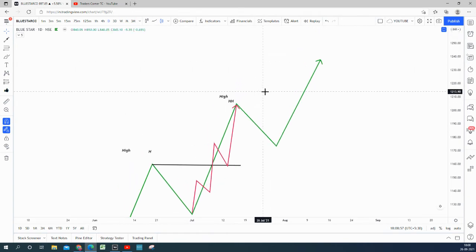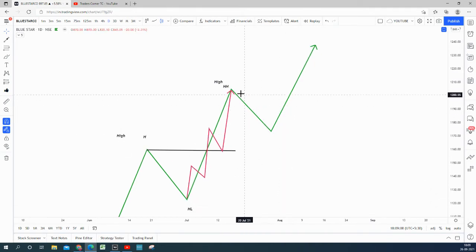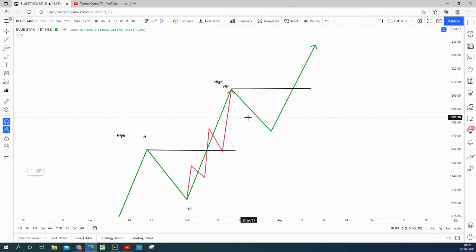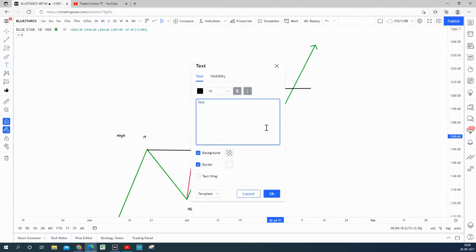And again, what happens here is, it comes for retracement. Wait for the price to close above this point. Okay, now this becomes low, so it is higher low.